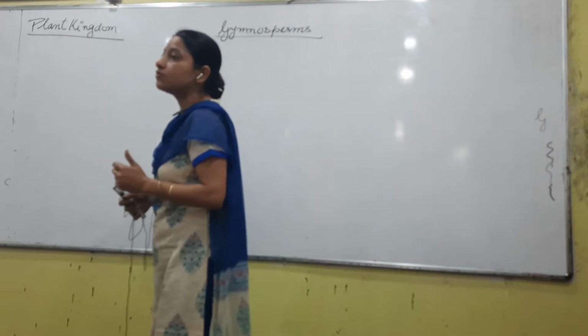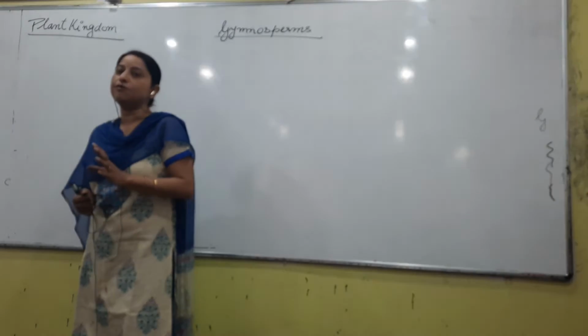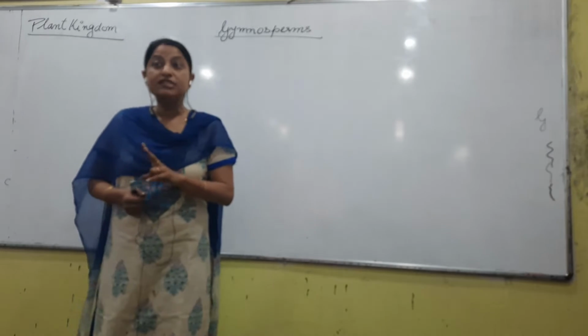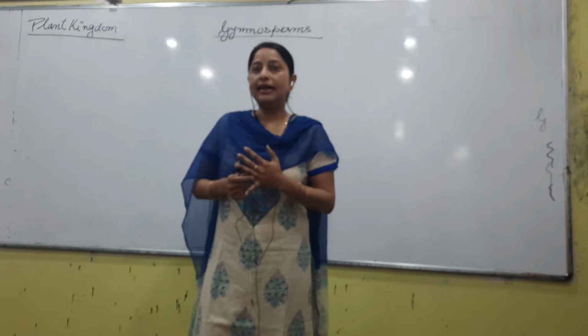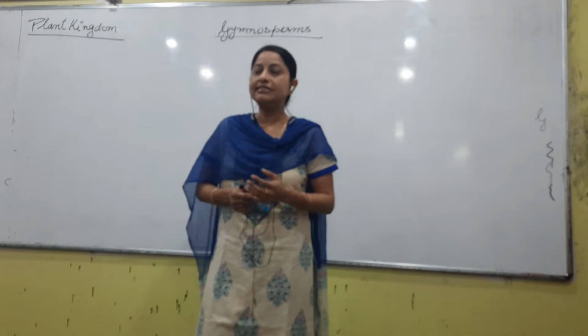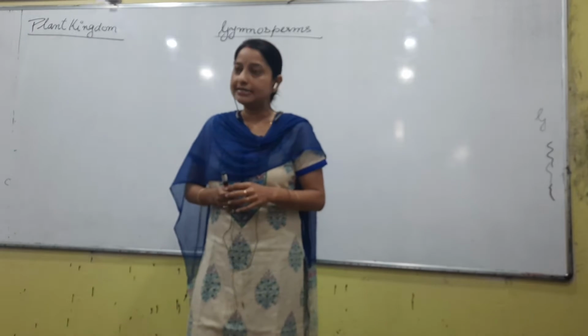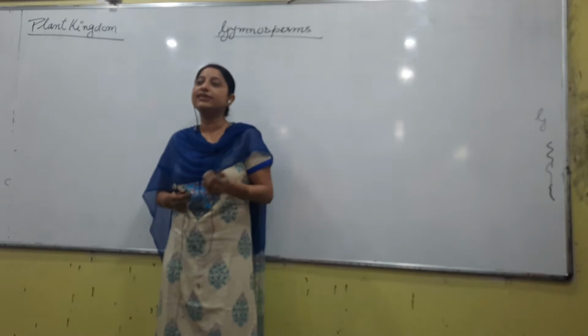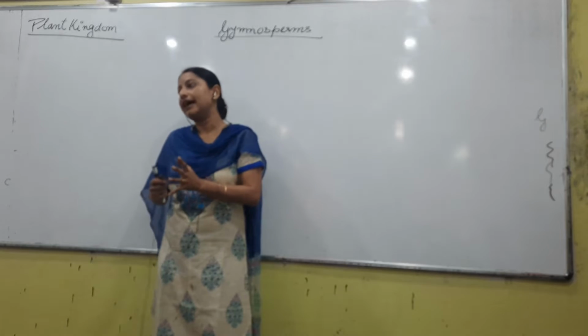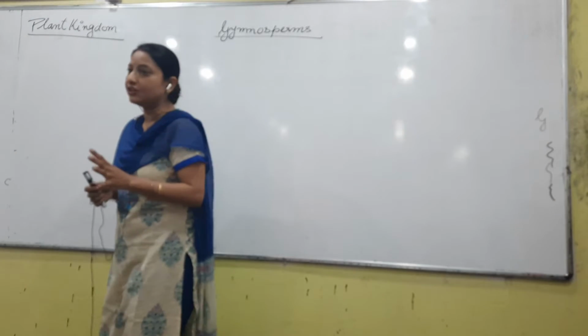So what is the smallest group? Gymnosperms is the smallest group of plants. There should be certain reasons behind that statement. What is the reason? First, it is very selective. Gymnosperms, whether pine, cycas or taxus, you will see these plants in colder regions, right? So they are confined to a particular habitat and particular climatic condition.